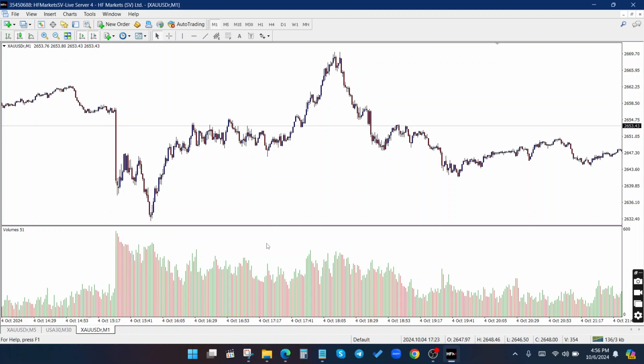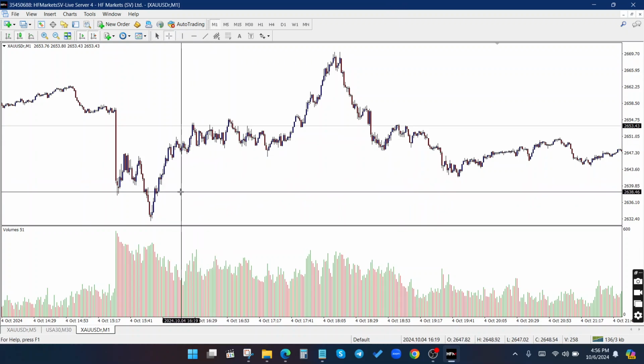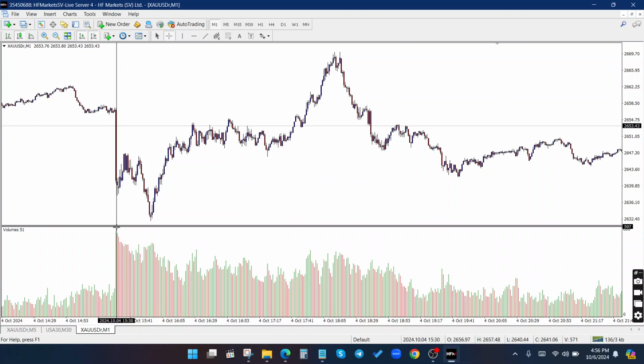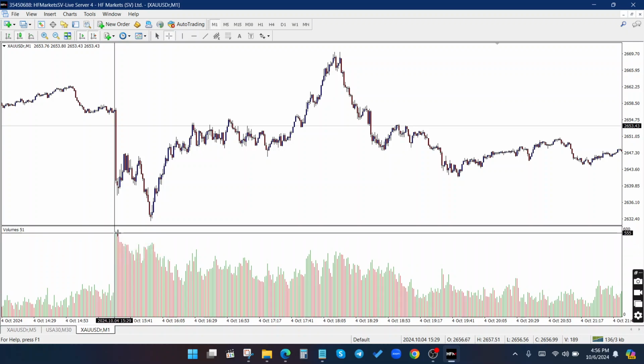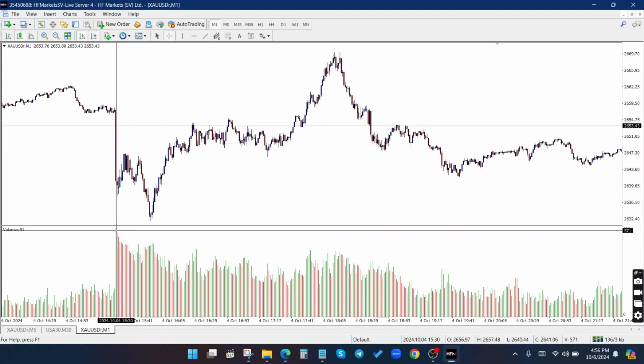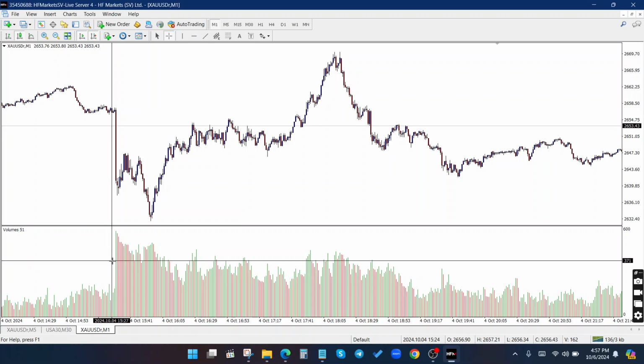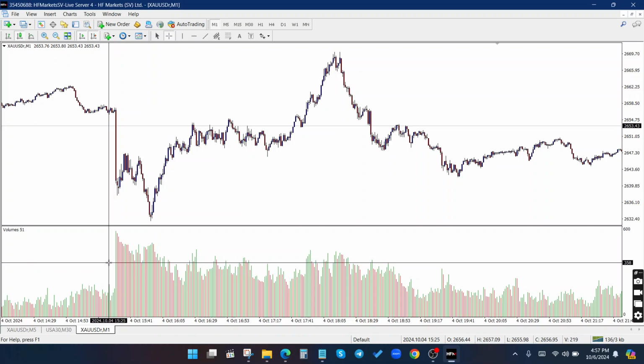Basically, in Forex, volume refers to the number of currency units traded in a given period. Like we can see, if we hover our mouse over one of those volume bars, a value comes out: 571.